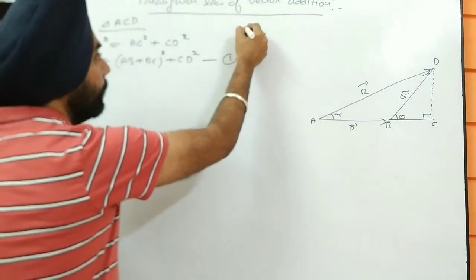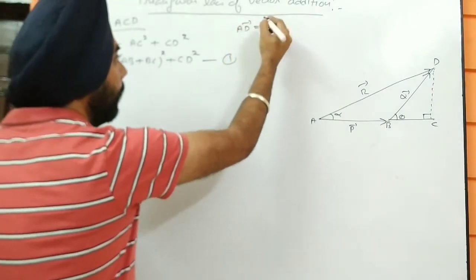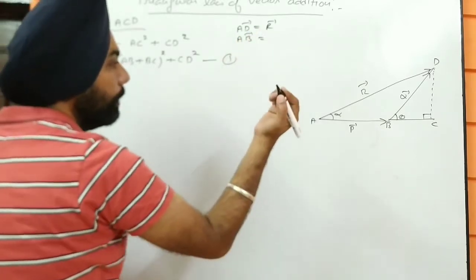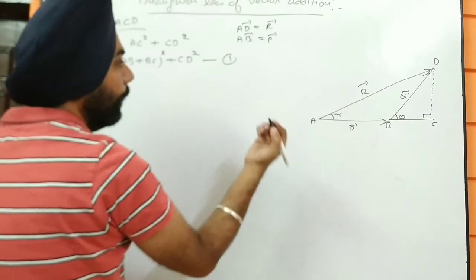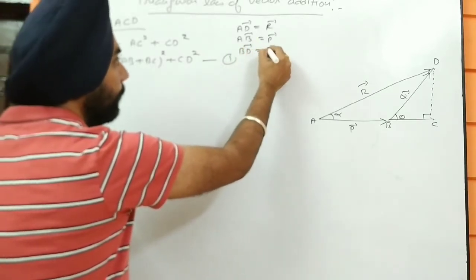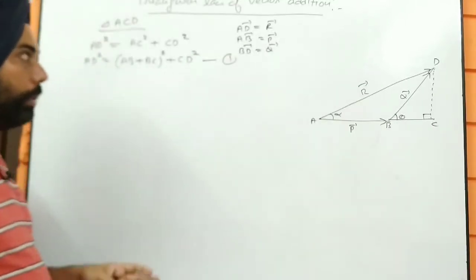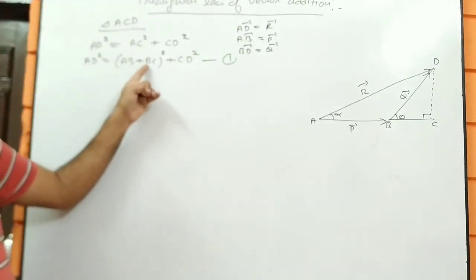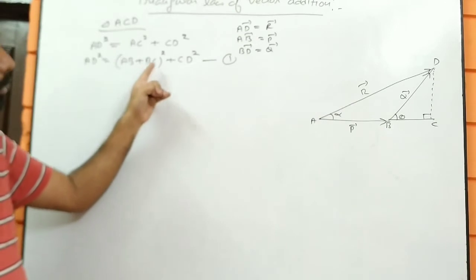So AD is marked as R, AB is marked as B, and BD, that all is in construction, okay. Now we have those values, but we are not aware of the value of BC and CD.